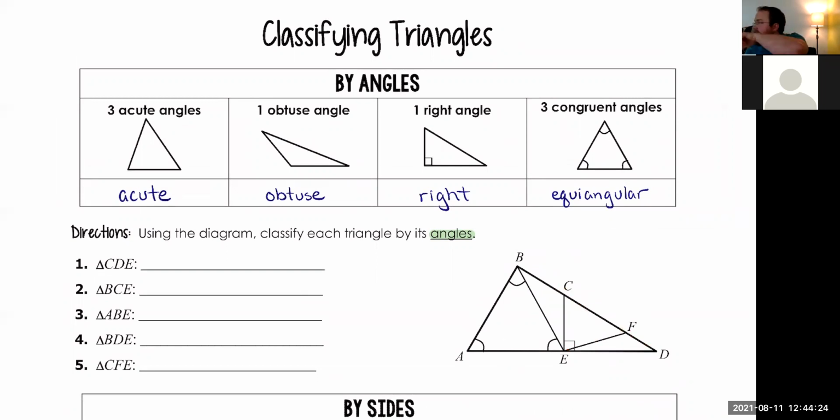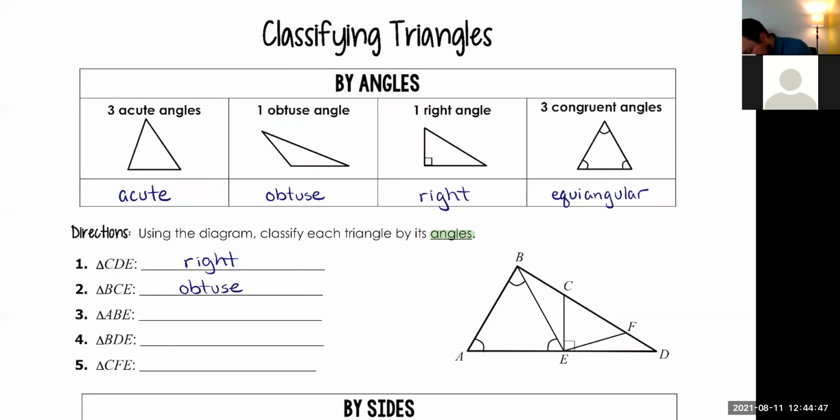And we know because that little box there says there's a right angle. Next one on our list is BCE. So if I trace that, BCE, obtuse. So where angle C would be in that triangle is certainly greater than 90 degrees.